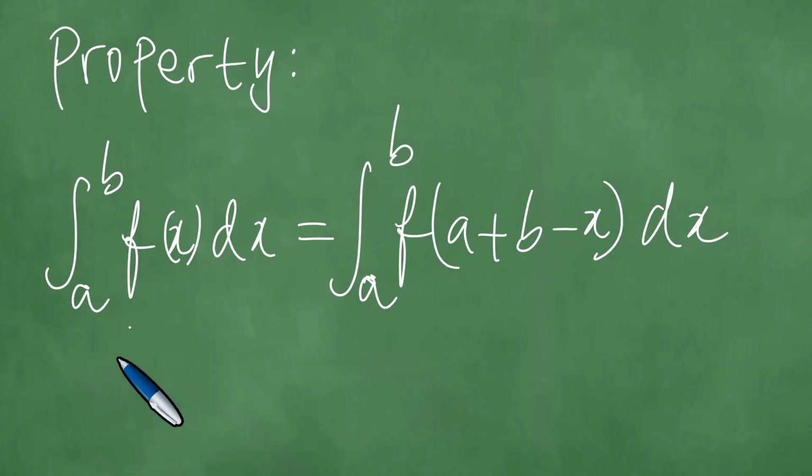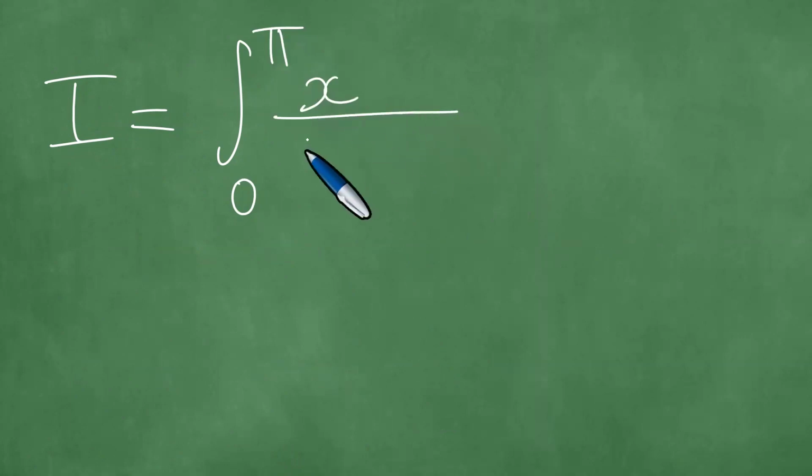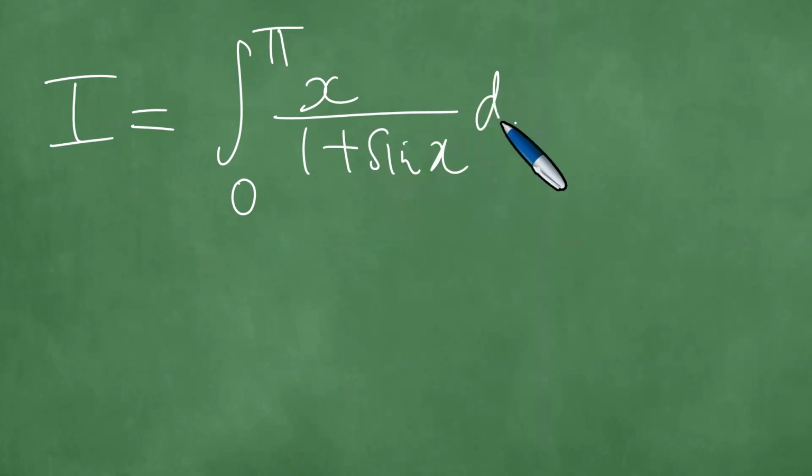And therefore, in view of our definite integrals, we use this property all the time. So we have that I becomes the integral from 0 to pi of x over 1 plus sine x dx.